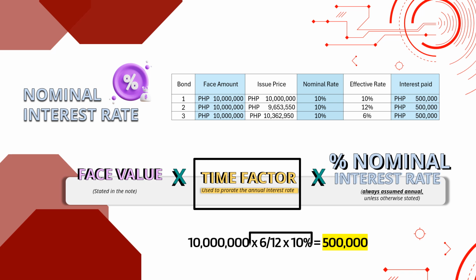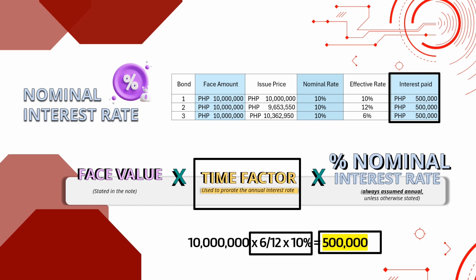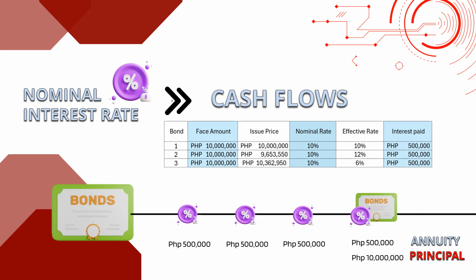Right? So, basically, the idea here is that even though iba-iba sila ng effective rate, the nominal interest rate will remain 10%. So, kailangan yun yung interest paid nila. And therefore, your nominal or stated rate will determine ano yung cash flows mo for the life of the bond.